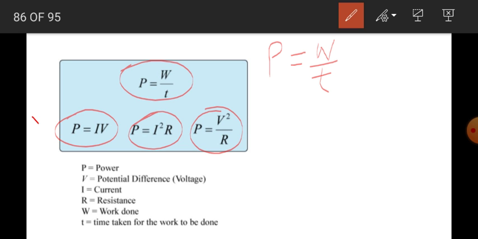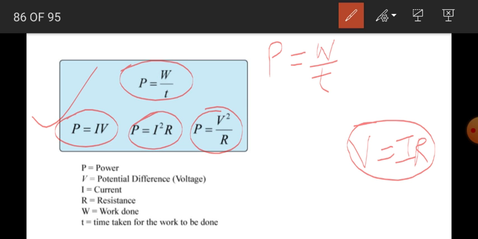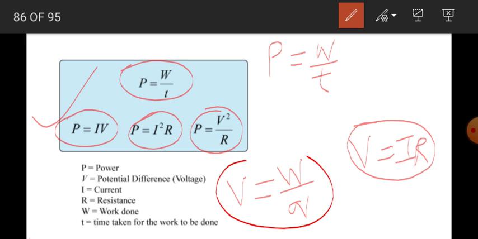Let me derive this formula first using Ohm's law. What is Ohm's law actually? V is equal to I R, right? And there is a basic formula for potential difference. Potential difference, V, is nothing but the work done per unit charge, right? When you connect a battery, it pushes the electrons through the circuit, I mean it is doing work on the charge.